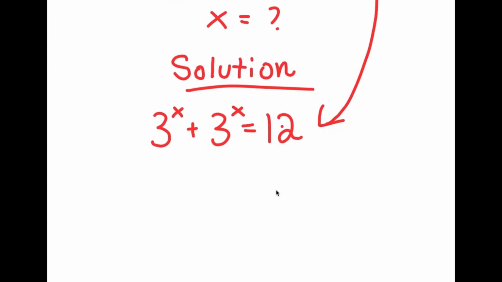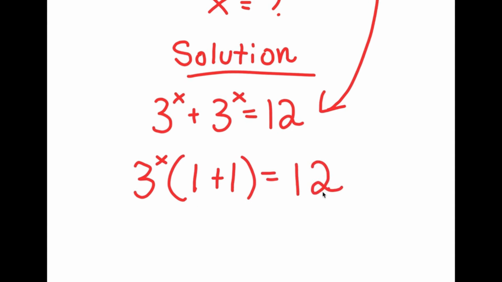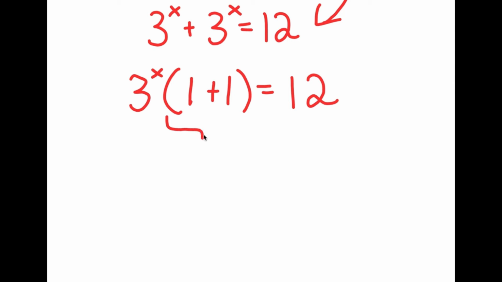And now, on my left-hand side, I'm going to go ahead and factor out 3 to the power of x. So now I get 3 to the power of x times 1 plus 1 is equal to 12. And 1 plus 1, that's equal to 2.